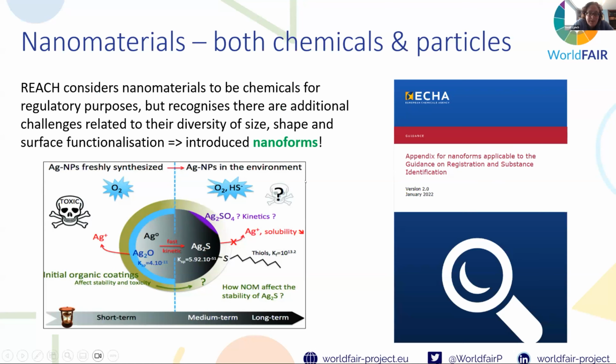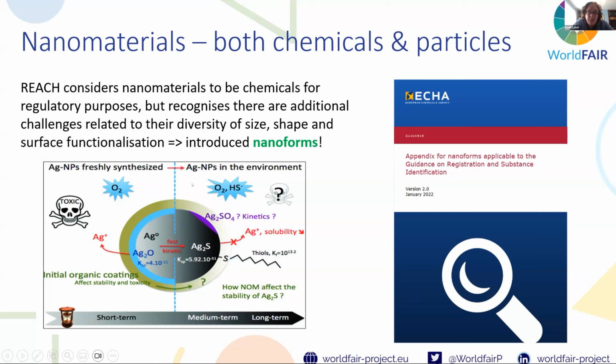And the reason we have to think about both the chemistry and the particle nature is because the properties of our materials and their behavior in the environment and their behavior as they interact with us as humans are dominated by their surface chemistry, but also influenced by their core chemistry.